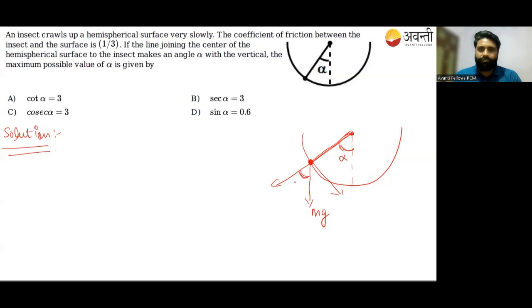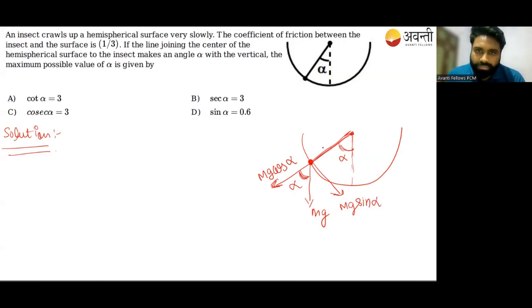This angle is also alpha, because this is the angle from the vertical, and the same line is there. So the component along this direction would be mg cos alpha, and this is mg sin alpha.